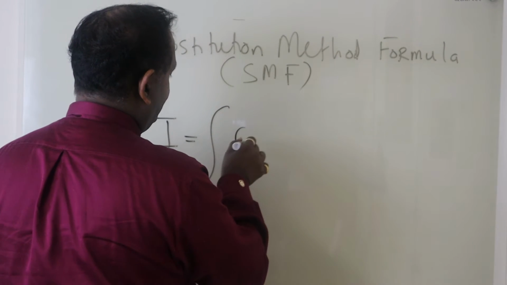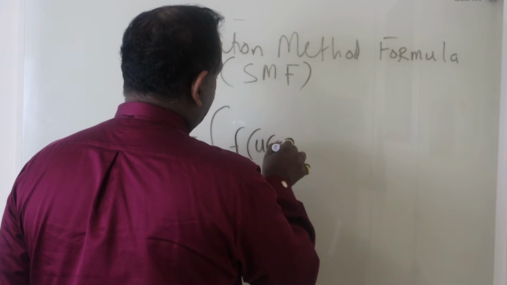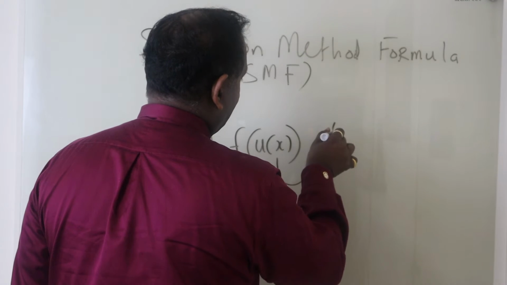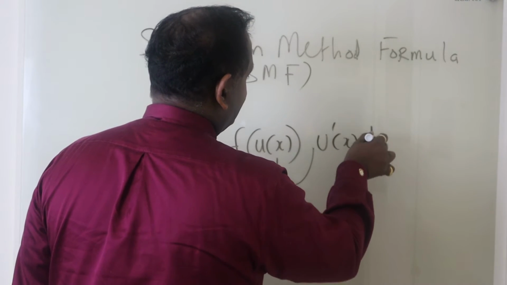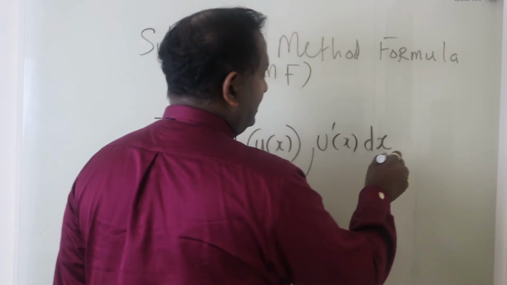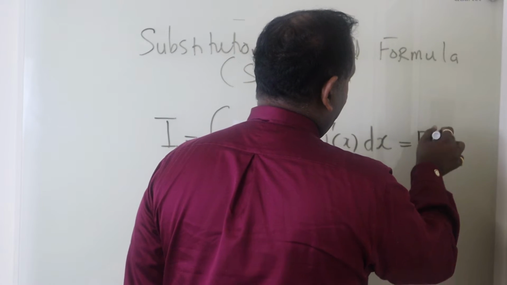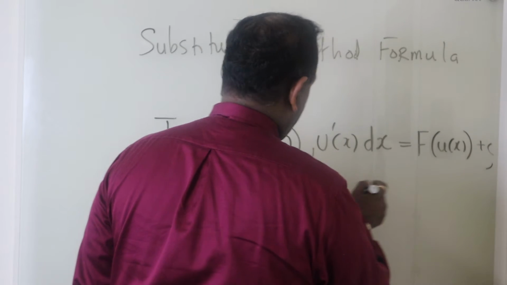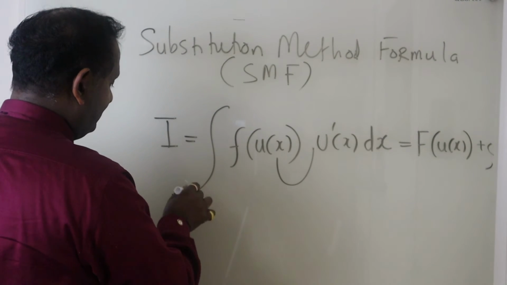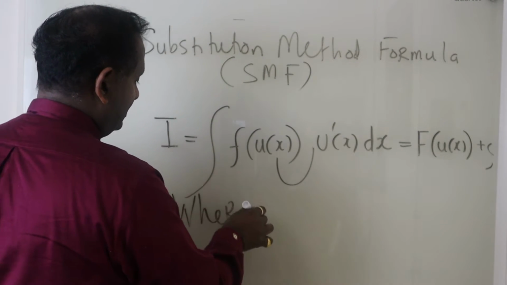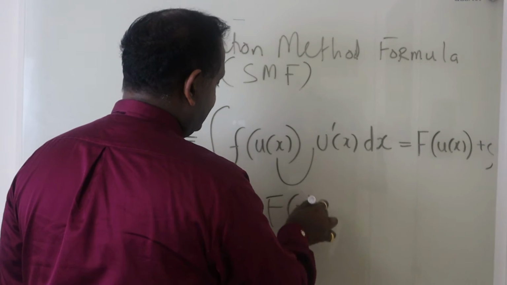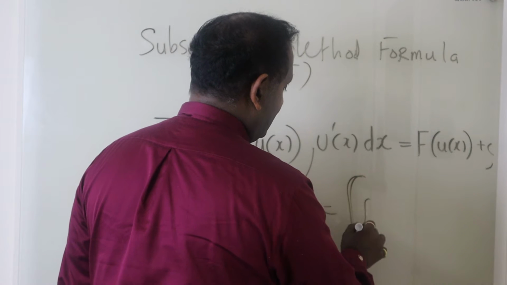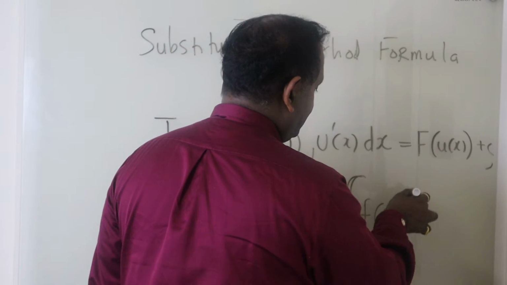So say that you have f of u(x) and this guy's derivative right next to that one, u prime(x) dx, then that can be given by F of u(x) plus c, where capital F of x is nothing but the integral of the underlying function.